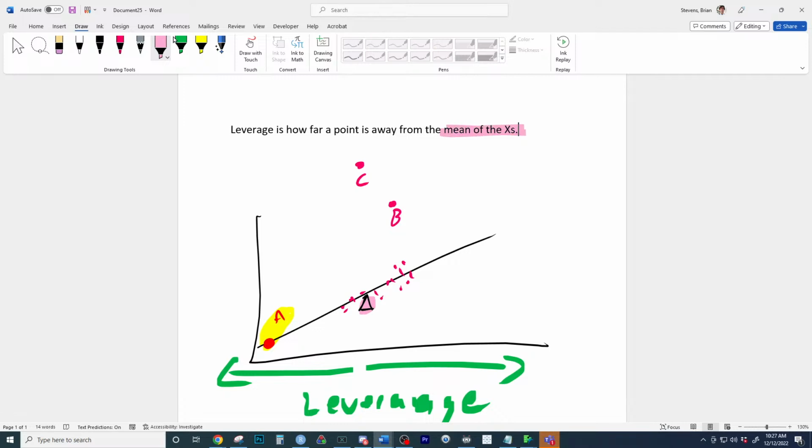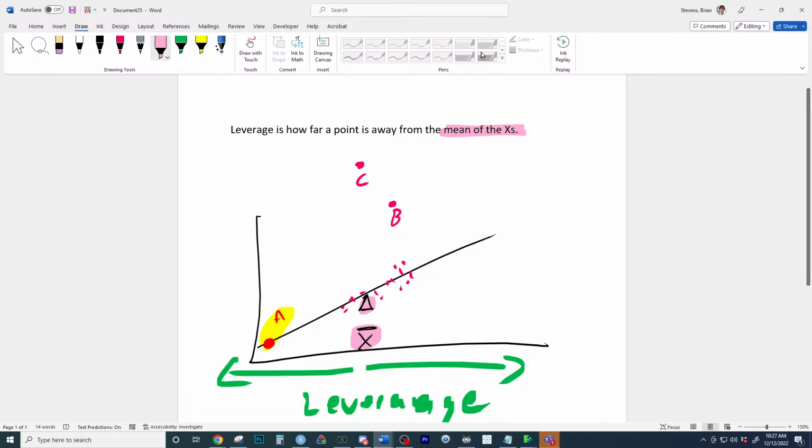What does that represent right there? In the multivariate world, it can get a little bit complicated, but that's the mean of the x variable.